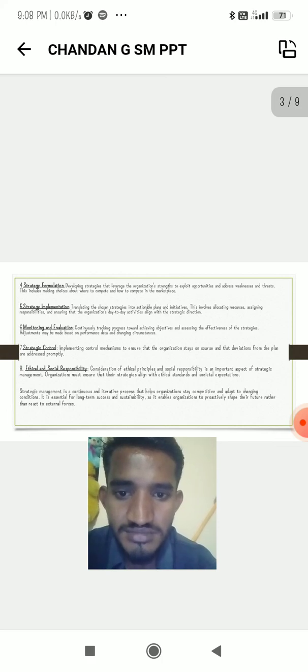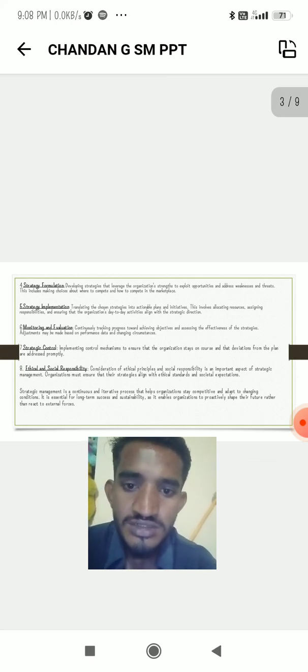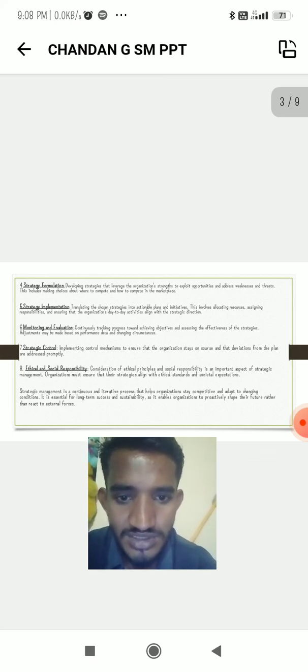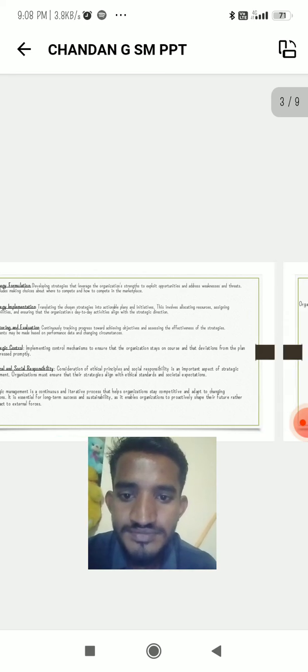Adjustments may be made based on the performance data and changing circumstances. Strategic control, implementing control mechanisms to ensure that the organization stays on course and deviations from the plan are addressed promptly.